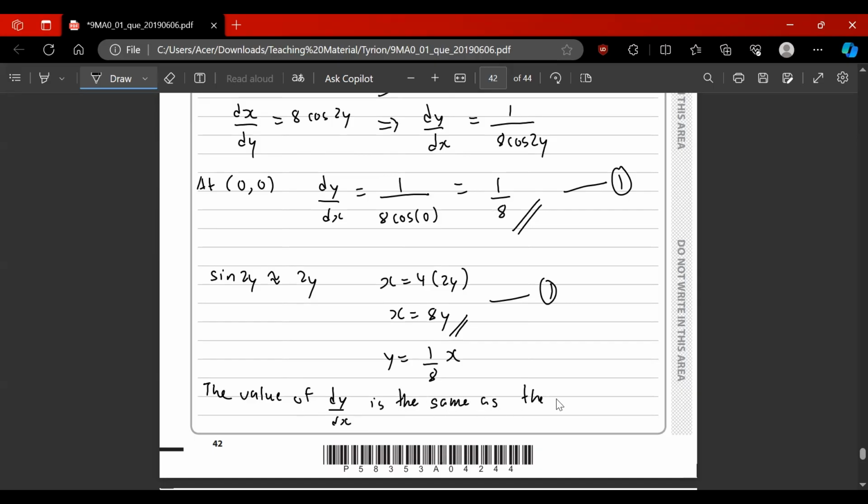as the dy over dx here. The value of dy over dx is the gradient. You should mention that. I forgot to say that.